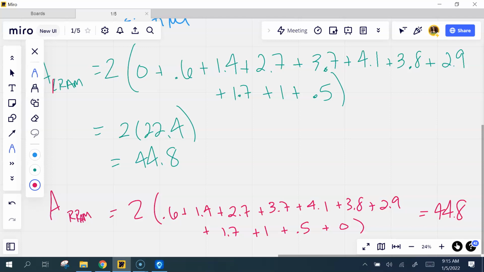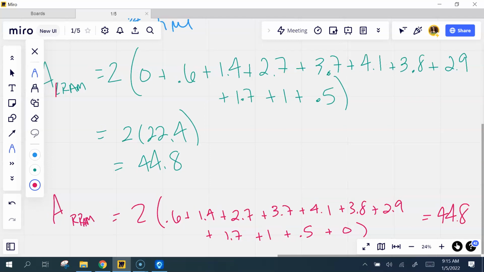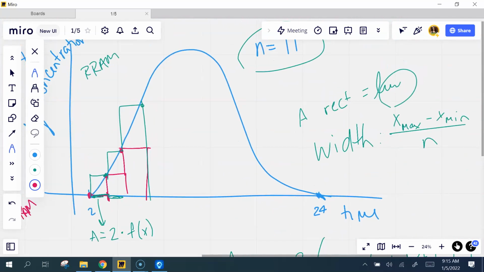Somebody explain to me why the right RAM and the left RAM are the same in this. It's symmetrical, but also this is kind of what you were fixing to say about what happens when you get to the top. Whereas on this side, it was giving me an overage if I was right RAM.